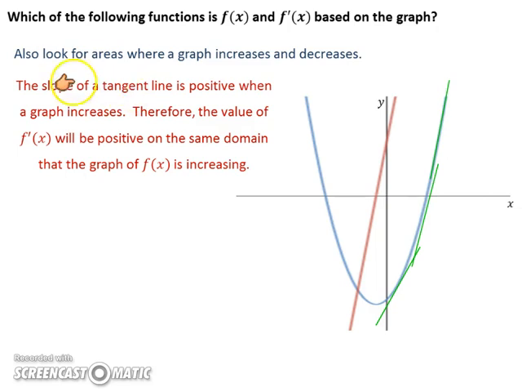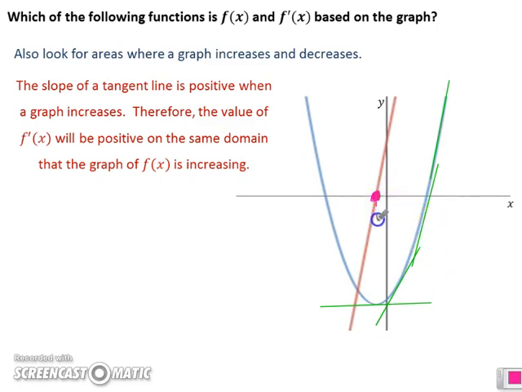So the slope of a tangent line is positive when a graph increases. So the derivative will be positive on the same domain that the graph of the original is increasing. So just check this out. We have this horizontal tangent line right here, which means that's where our derivative graph will equal 0.